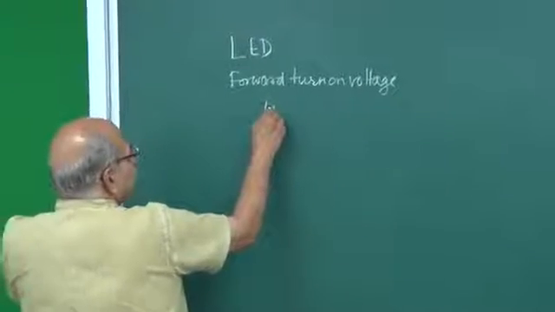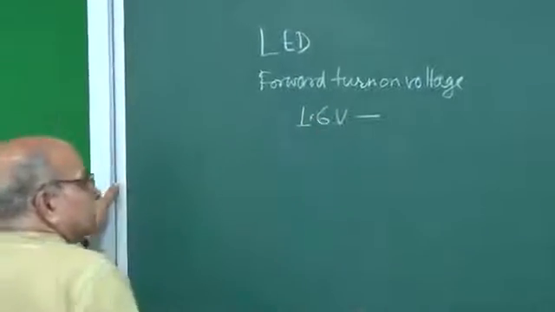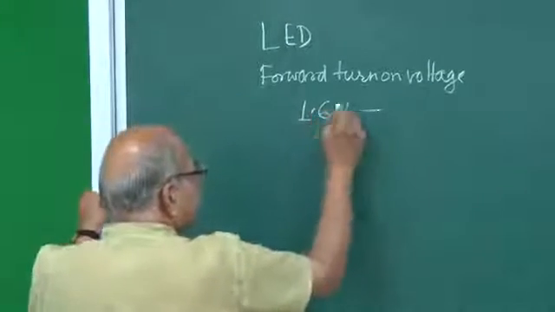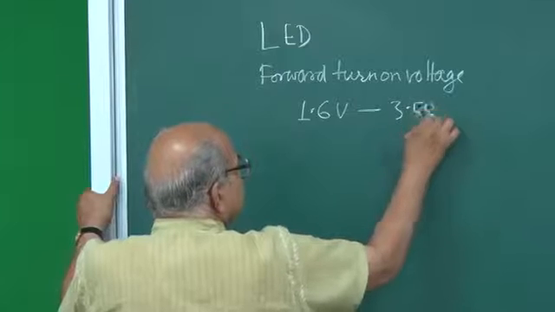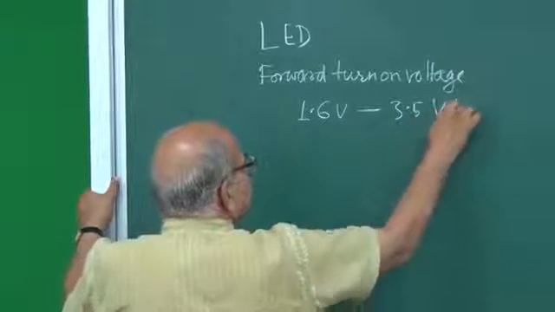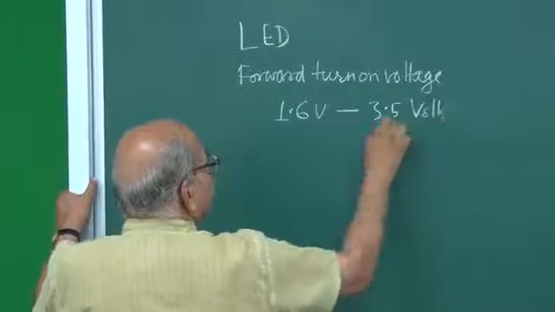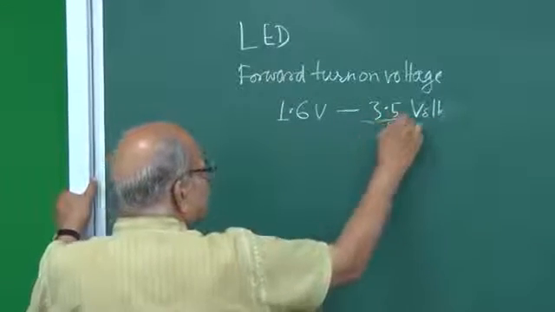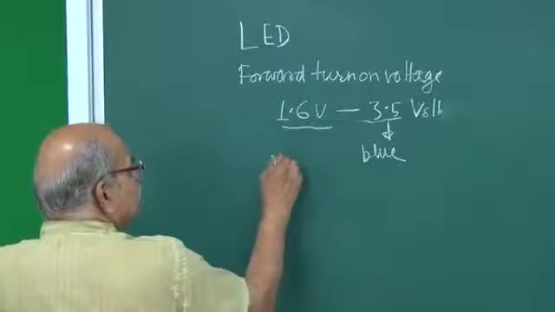It could be somewhere around 1.6 volt for the longer wavelength, and maybe some 3.5 volts for the shorter wavelengths. So this range will correspond to blue, and this range will correspond to red.